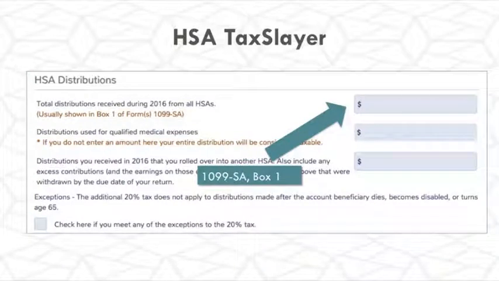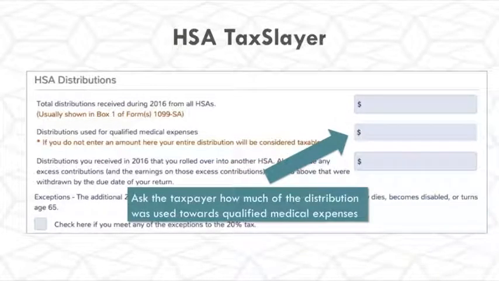Then we get to the HSA distribution section. And the first blank asks for the total distributions received during the tax year from all HSAs. And we can find this on the 1099 SA in box 1. Now the second blank asks for distributions used for qualified medical expenses, and so we'll verbally ask the taxpayer how much of that distribution listed on their 1099 SA was used towards qualified medical expenses.